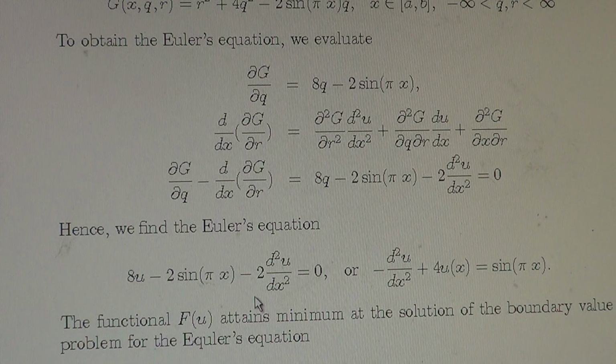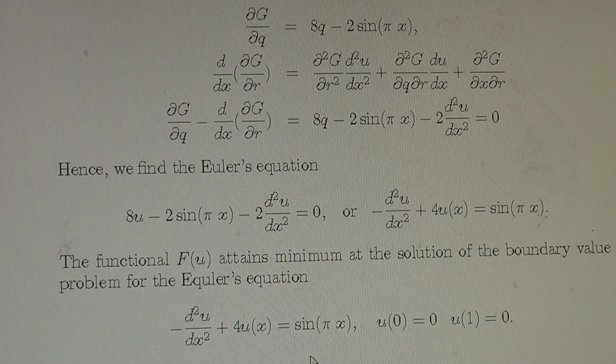This Euler equation we can simplify by 2 and move the sign to the other side. Then we have the Euler's equation as the necessary condition for existence of the minimum. To evaluate the minimum of the functional, we have to solve this Euler equation with the homogeneous boundary value conditions.